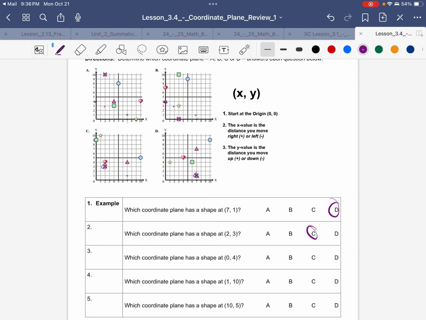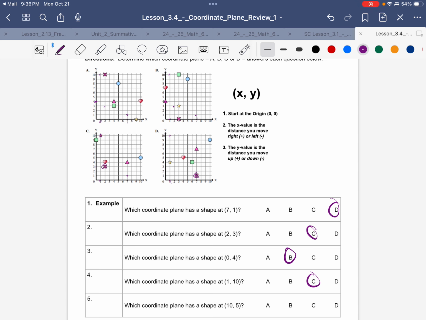So that one would be B. Which coordinate plane has a shape at 1, 10? So you come over to 1, go up to 10, nothing there. 1, 10, nothing there. 1, 10, nothing on D. And 1, 10, yeah, C has our star right there. So that will be C.